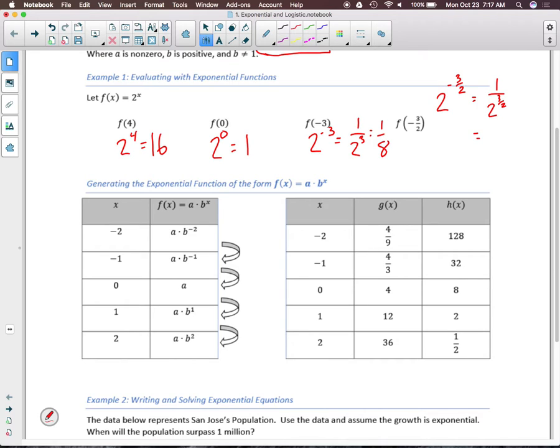If I rewrite this, it's going to be 1 over the 2 in the kickstand, which I don't need to write, because if we don't write it, it just means it's a square root anyway, and then 2 to the 3rd. So that's 1 over the square root of 8, which I can simplify a little bit more. I can say that's 1 over 2 rad 2, and I'm not going to bother rationalizing it. So hopefully you remember how to deal with exponents, positives, negatives, fractions, all of that fun stuff.